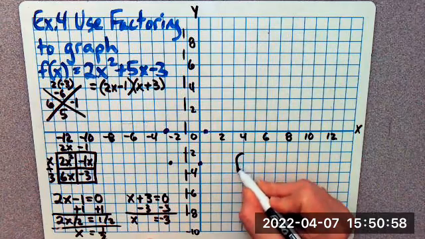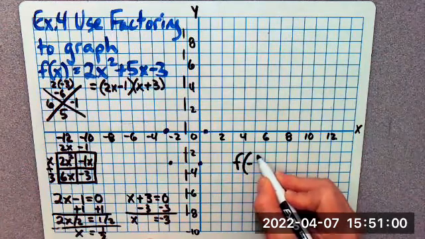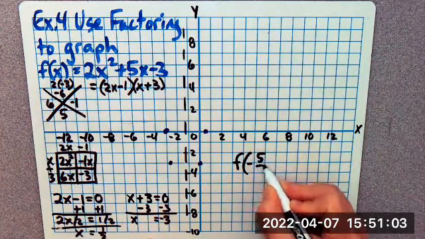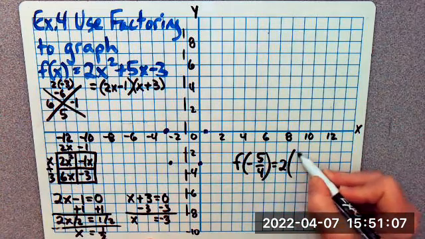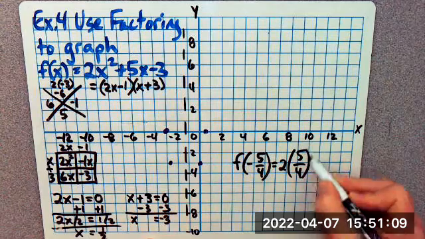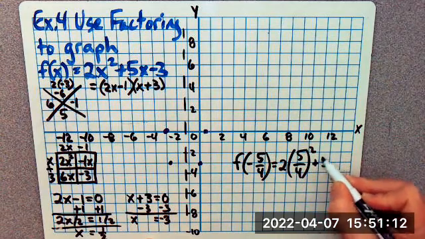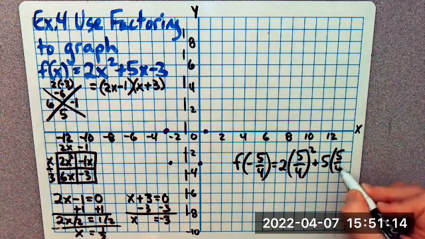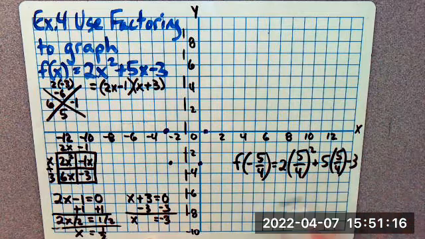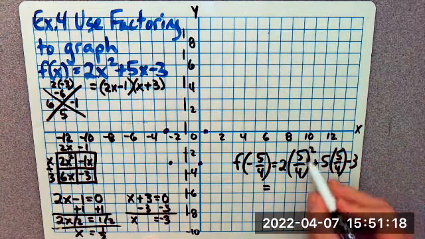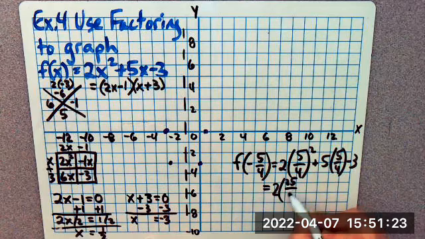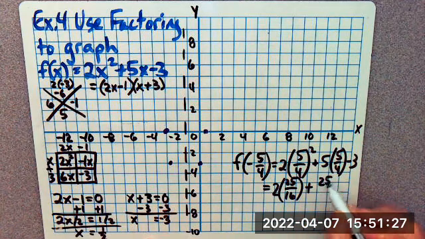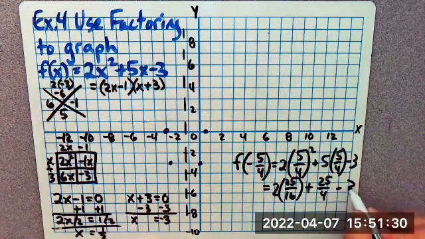So we have f of negative 5/4 equals 2 times 5/4 squared plus 5 times 5/4 minus 3. So let's do a quick calculation. That's 2 times 25 over 16 plus 25 over 4 minus 3.